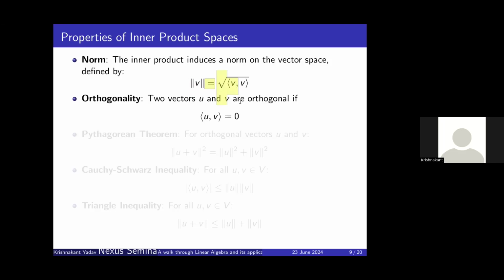Now we will move on to orthogonality. Two vectors u and v are orthogonal if the scalar product between them is equal to 0. If the scalar product of the two vectors is 0, then the vectors are said to be orthogonal to each other.